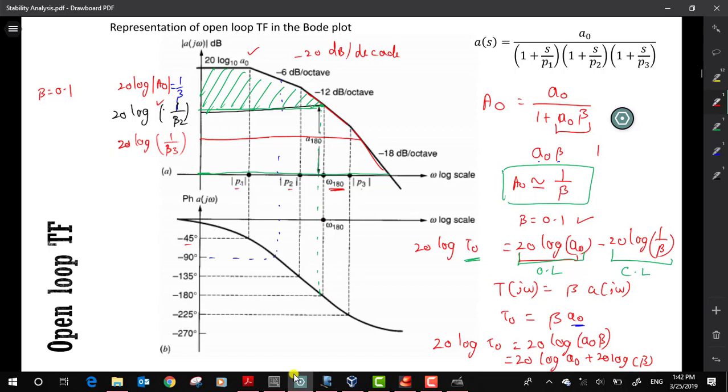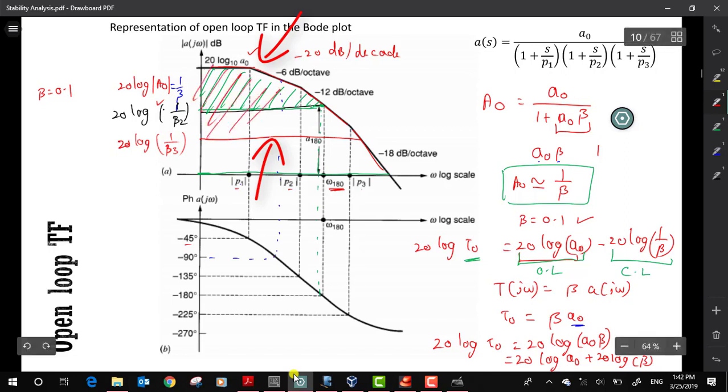How do I extract the loop gain from these two plots? This is my open loop, and this is my closed loop. How will I extract? The difference of these two magnitudes would obviously get me the loop gain, right? So now we know that for this particular loop gain, this is my 0 dB line, and this 0 dB line is intersecting my original graph at a particular omega.